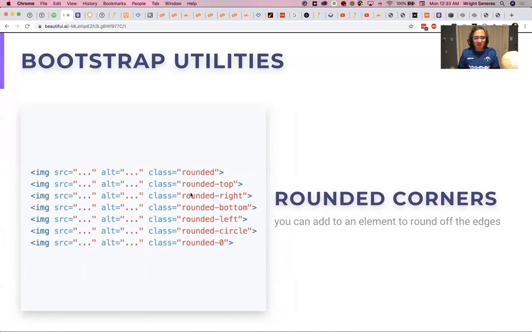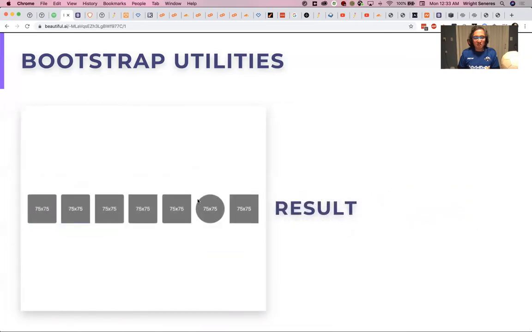So here's examples: rounded on the top, rounded just to the right, rounded on the bottom, rounded to the left, rounded circle, and then rounded 0. With these classes, you can get these results. Here's the rounded circle. Here's no border or no roundings.